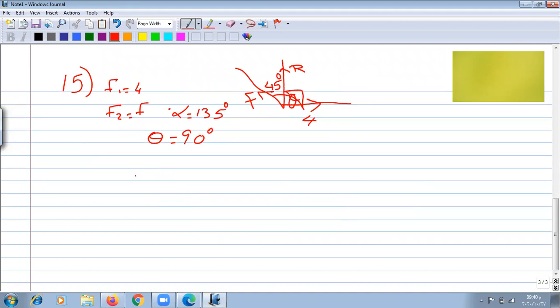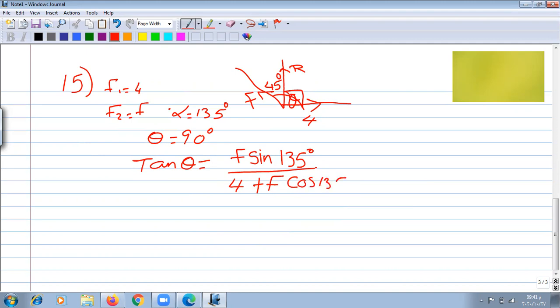We can use the second rule: tan theta, where theta is the angle between the resultant and the first force, equals F2 sine alpha over F1 plus F2 cosine alpha, which is F sine 135 over 4 plus F cosine 135.